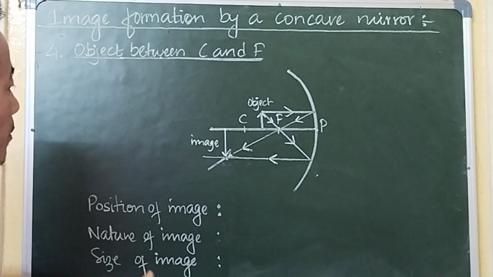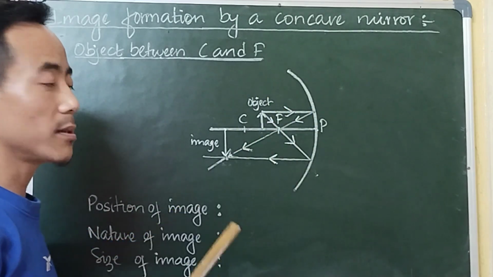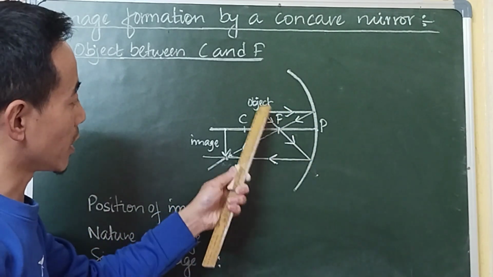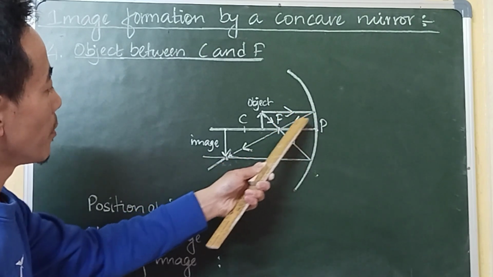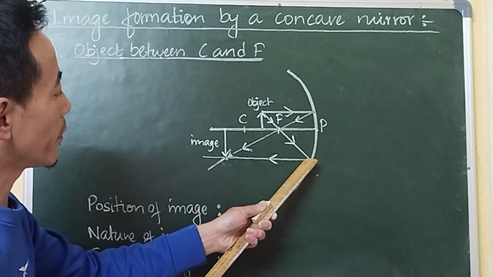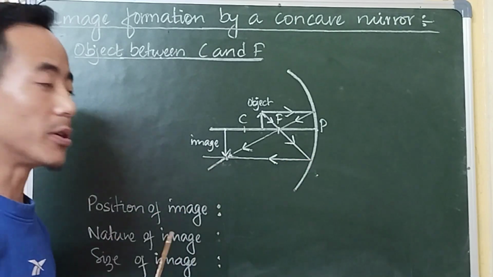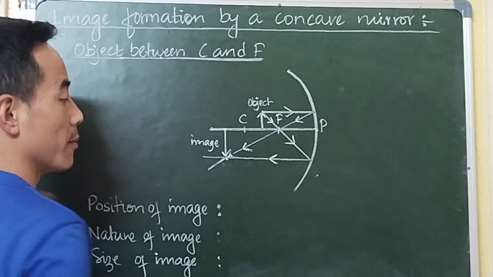Here you have seen that we have used 2 rules for the incident ray: one parallel to the principal axis, second passing through the focus. The one which is parallel to the principal axis passes through the focus after reflection. The one which is passing through the focus becomes parallel with the principal axis after reflection. The 2 rays intersect here and we get the image.